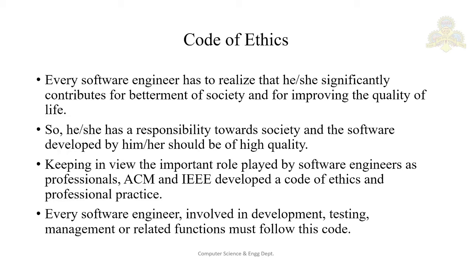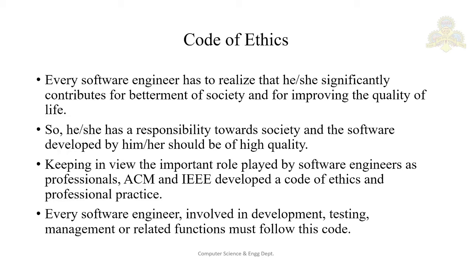Every software engineer has to realize that they are significantly contributing to the betterment of society, and to improving the quality of life. So they have a responsibility towards society, and the software developed by them should be of high quality. Otherwise, it may result in loss of money or loss of time, or even, most importantly, loss of lives.